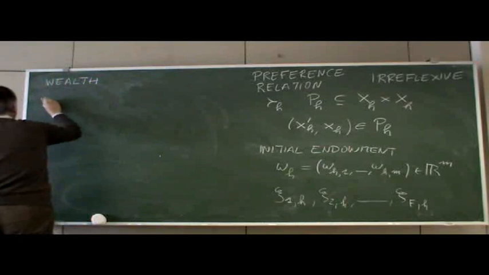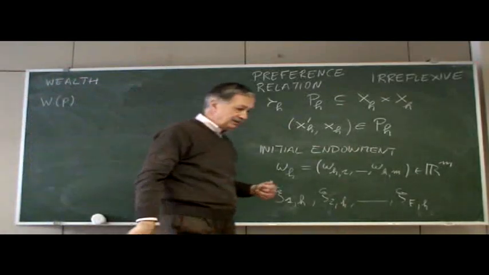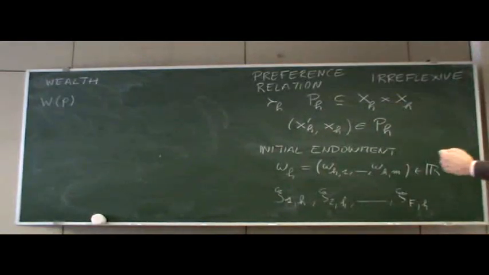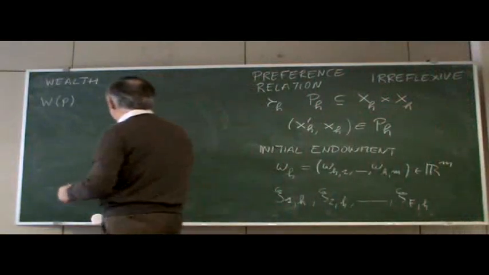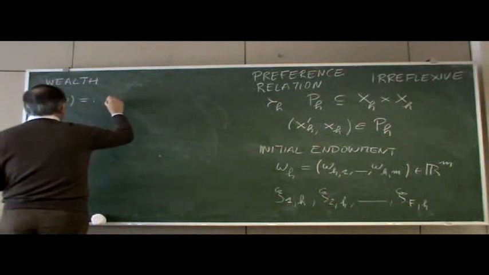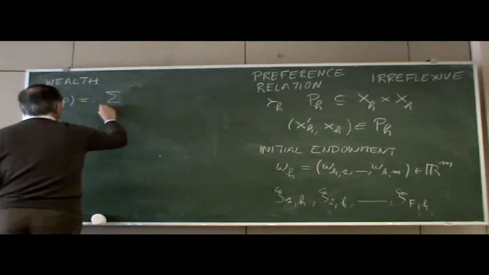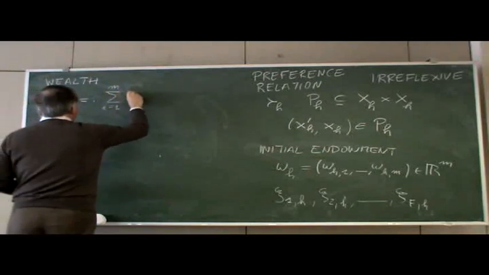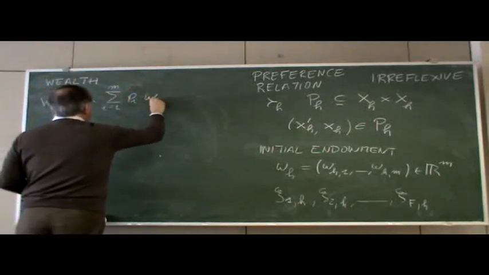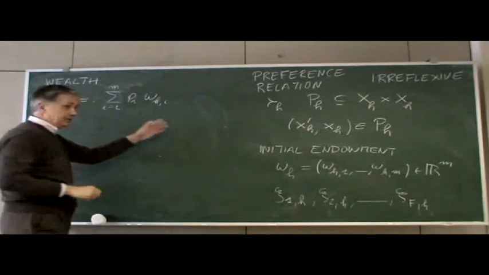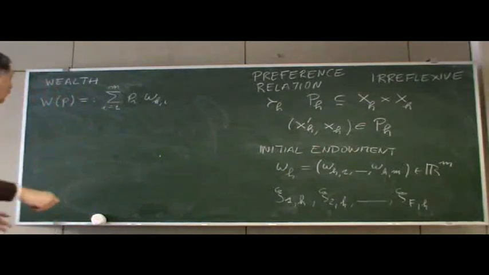Wealth will be denoted by W of P. Note that in this context, W does not represent the price of a factor, but the level of wealth. How is it defined? As the value of the initial endowment, so sum for i ranging from 1 to n of pi times omega hi, and this is the definition by Pacini.